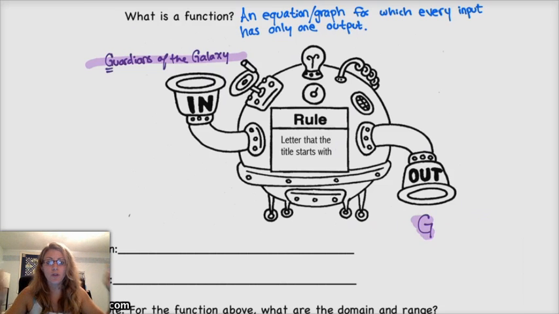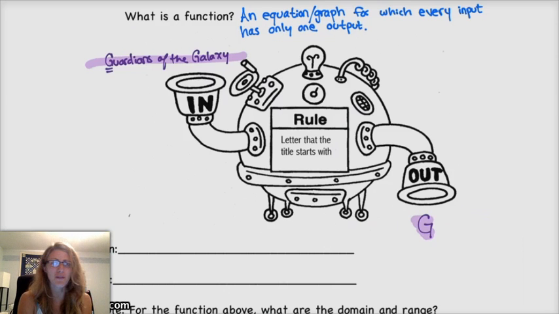Okay, so your domain is a fancy name for all possible input. And then your range is the fancy name for all possible output. So in this case, your domain is all movie titles, right? And then your range is probably all the letters of the alphabet plus numbers.